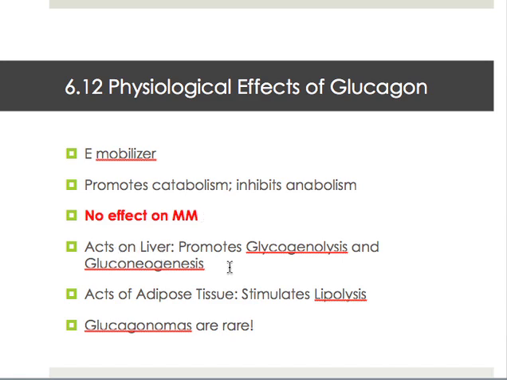In the liver, it promotes glycogenolysis and gluconeogenesis. So glycogenolysis is the opposite of what insulin does. It acts on adipose tissue as well by stimulating lipolysis, the breaking down of fats. And pathologically speaking, there could be glucagonomas, focusing on a high concentration of alpha cells, but those are extremely rare.